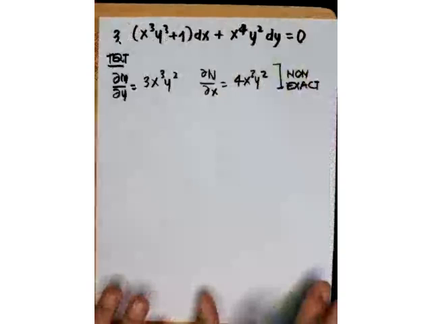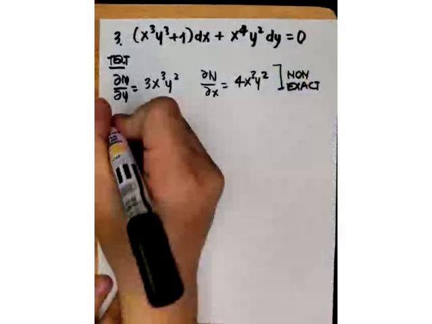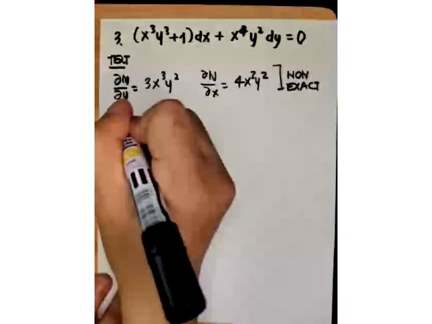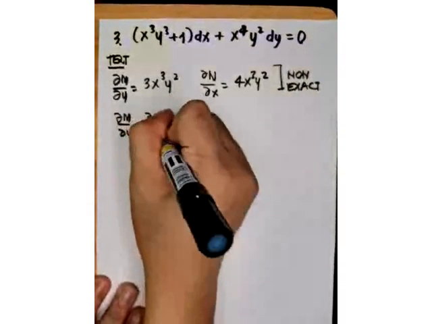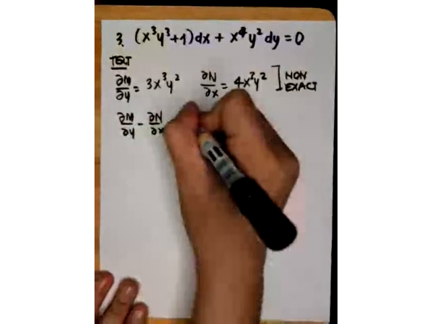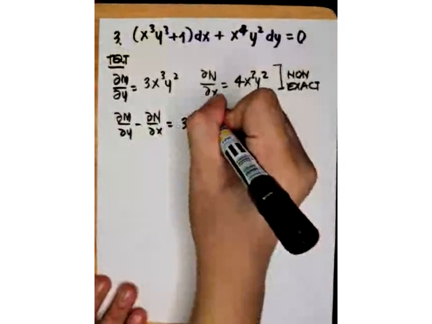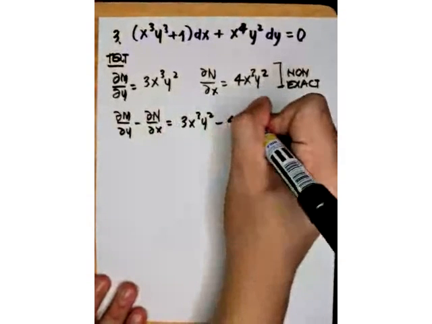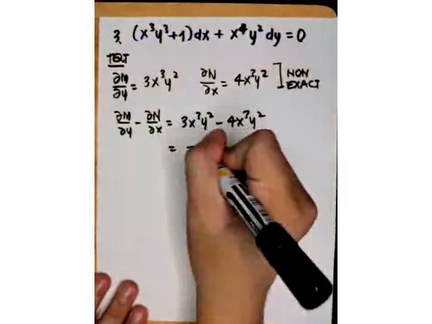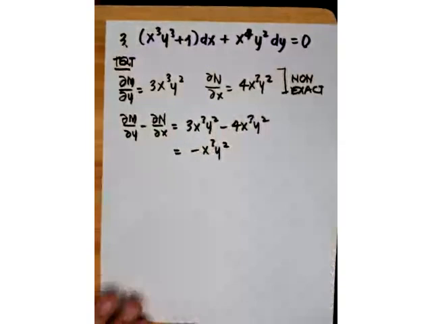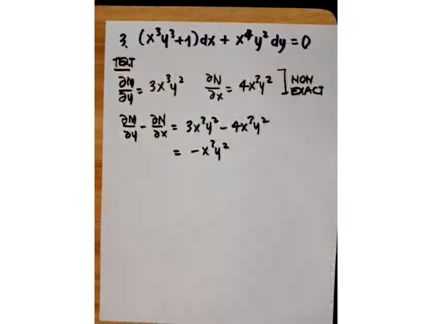Ayan. Okay, so let's get the difference. So the partial derivative of n with respect to x minus the partial derivative of m with respect to y. So that's equal to 3x cubed y squared minus 4x cubed y squared. So the answer is negative x cubed y squared. Tama ba?